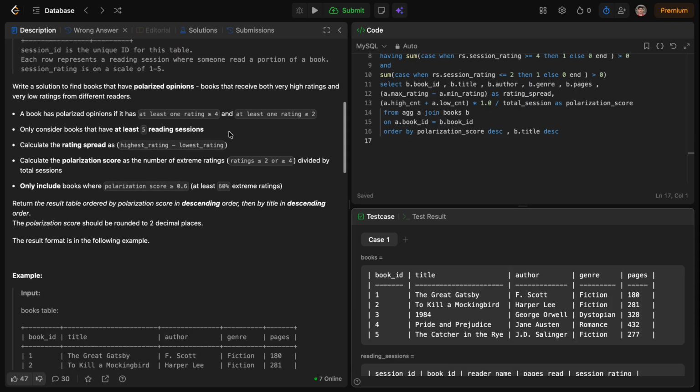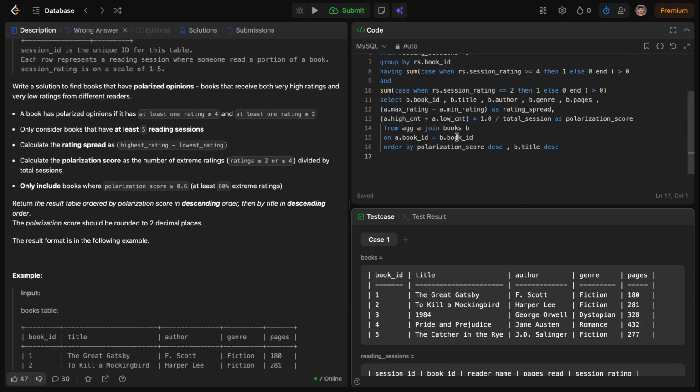Okay, so first we have to apply the decimal for 2 places, comma 2, and we have to use ROUND.